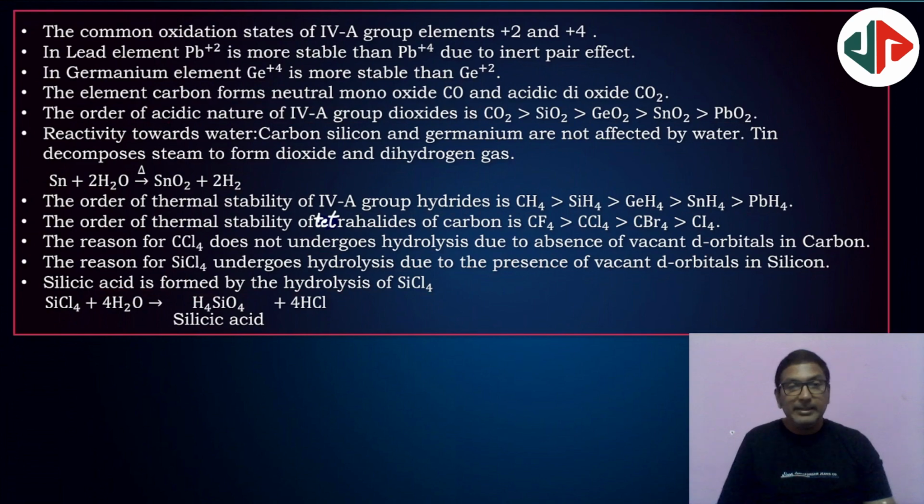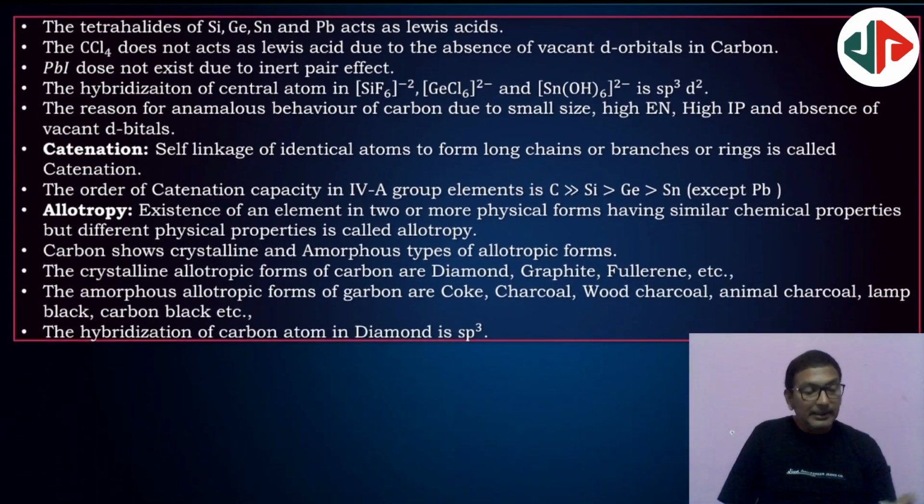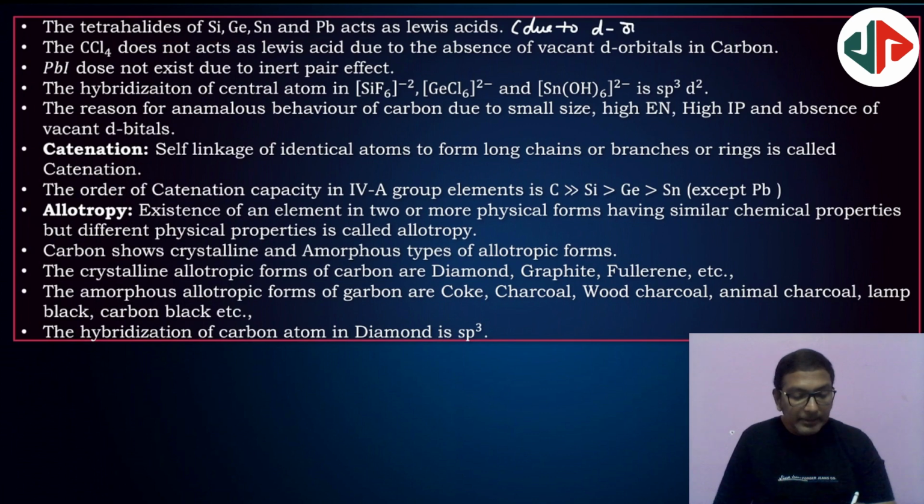Next, the tetrahalides of silicon, germanium, tin and lead are Lewis acids due to the availability of d orbitals in the valence shell.